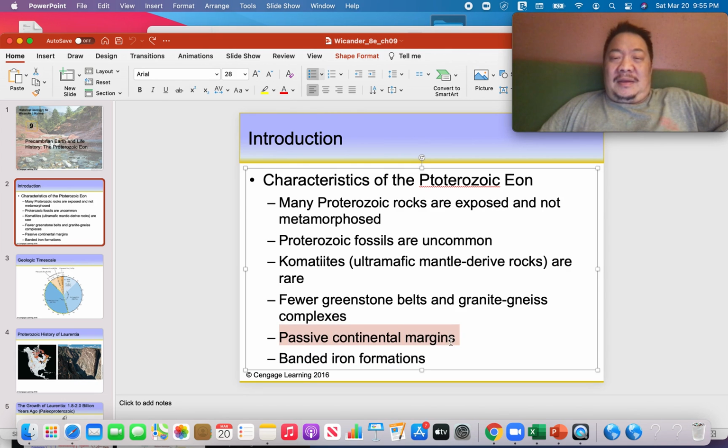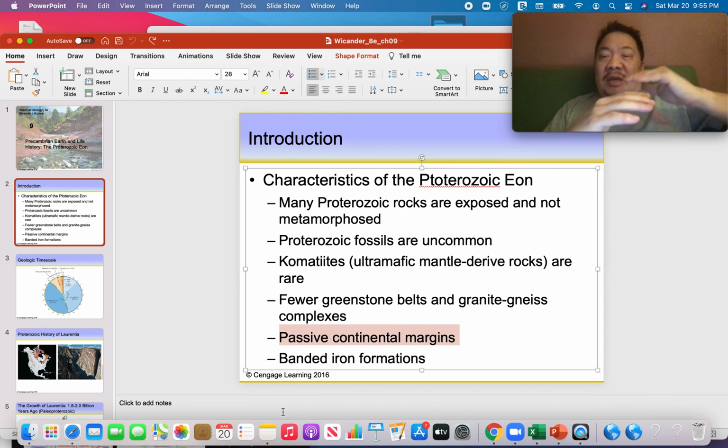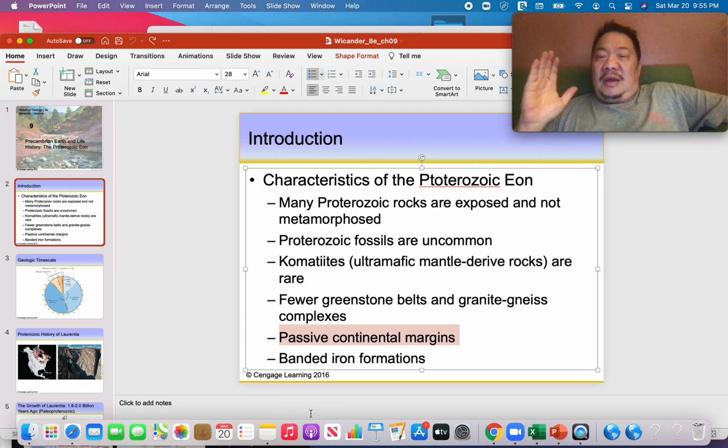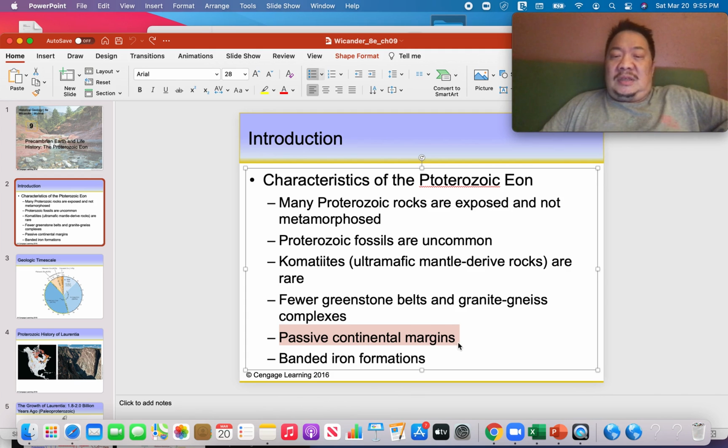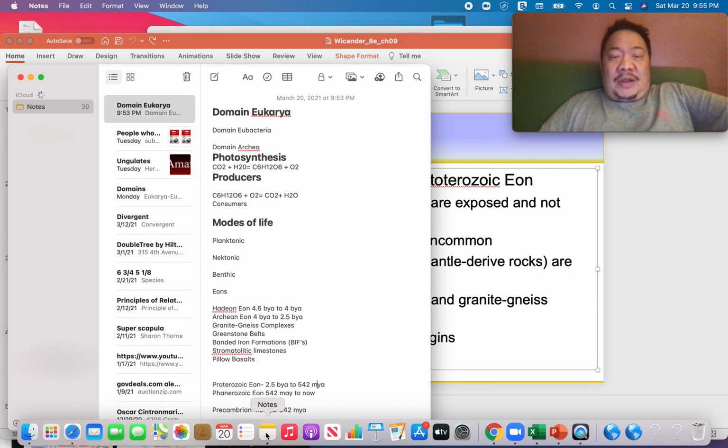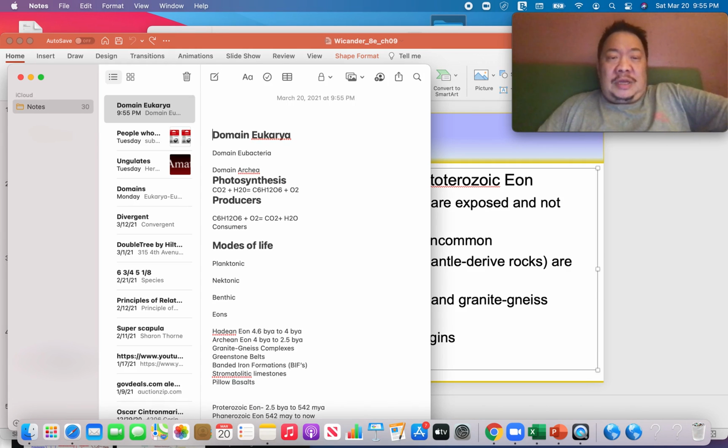And we get passive continental margins forming in the Proterozoic. What does that mean? Well, when you see beds of sandstone, shale, and limestone on top of each other, that indicates a coastline, a stable coastline. I'll write it down here, so it'd be easier on your notes.